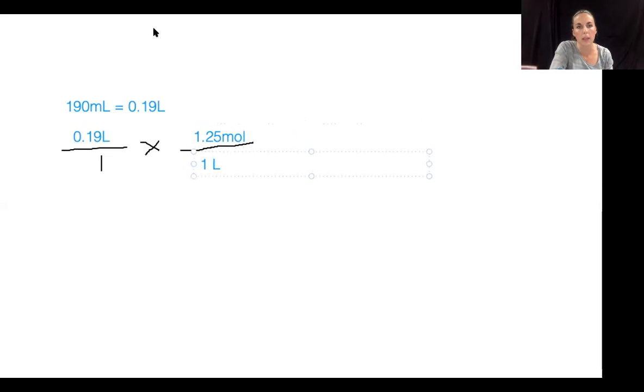And that will give me how many moles I have. So in your calculator, 0.19 times 1.25. And I got 0.2375. 0.2375. All right, so now we have the number of moles.